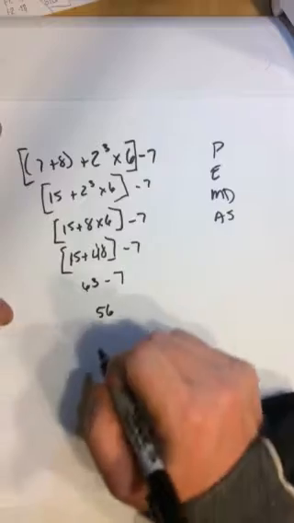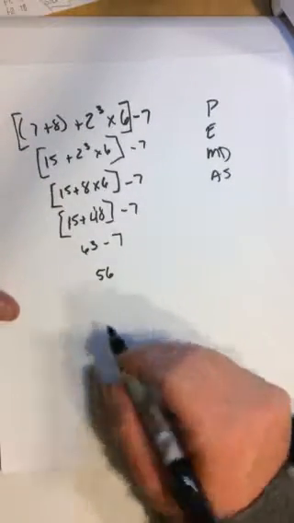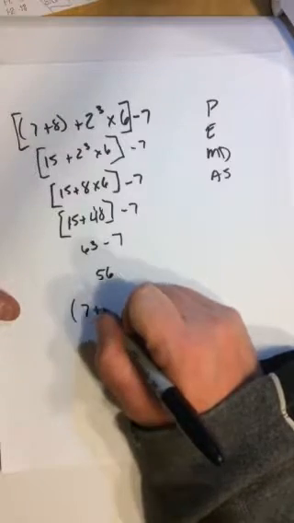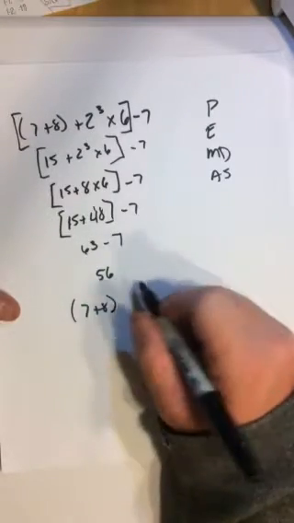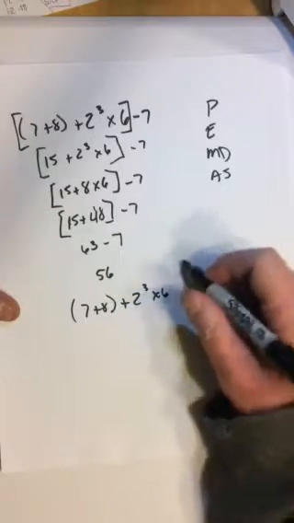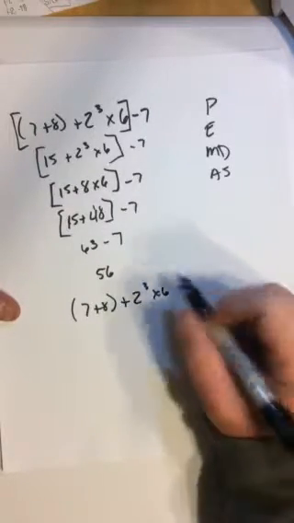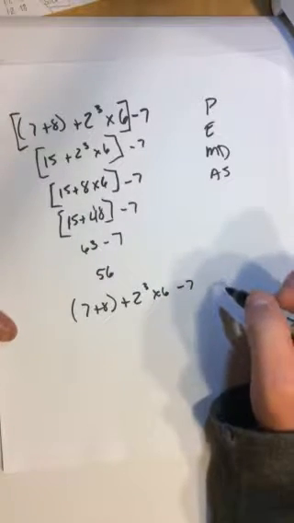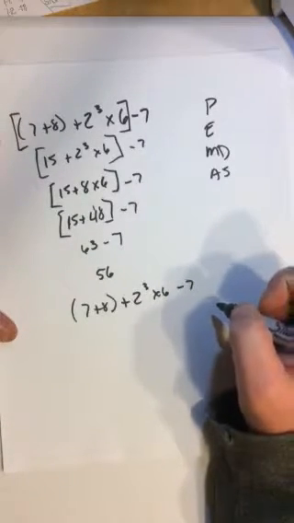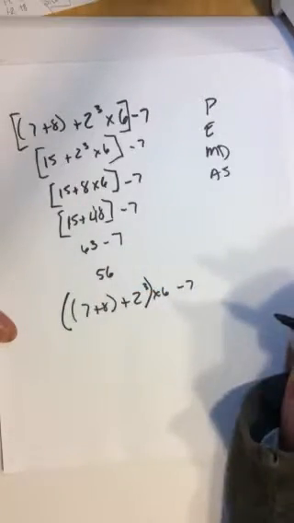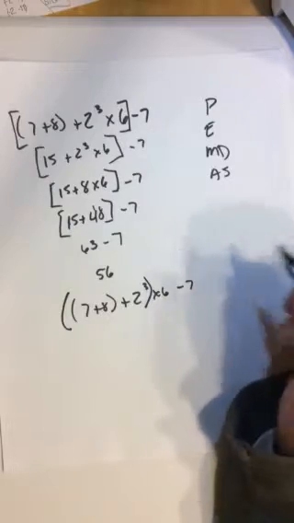What happens if we add parentheses or brackets to a different part? If we take the same problem, 7 plus 8 in parentheses plus 2 cubed times 6 minus 7, what happens if we separate part of this out? What if I put a second set of parentheses, or I could use brackets or braces?